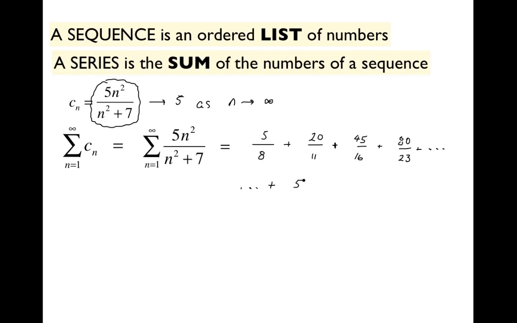And then what about the million and first term? Essentially 5. I'll put parentheses around it to say, so close to 5 that we'll just write 5, okay? But it's just a little bit different than 5. And then what about the million and second term? And on and on and on.